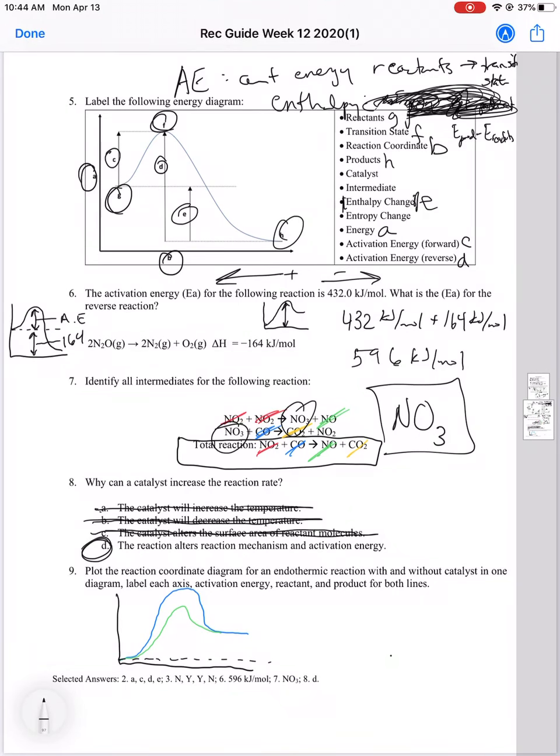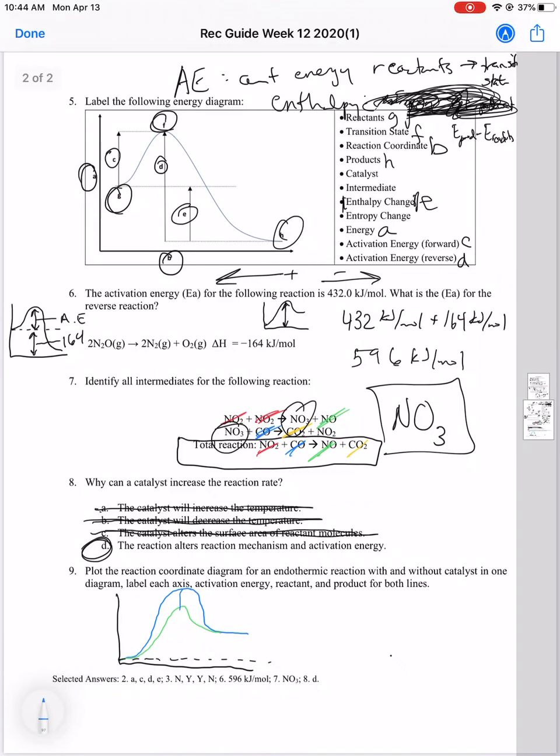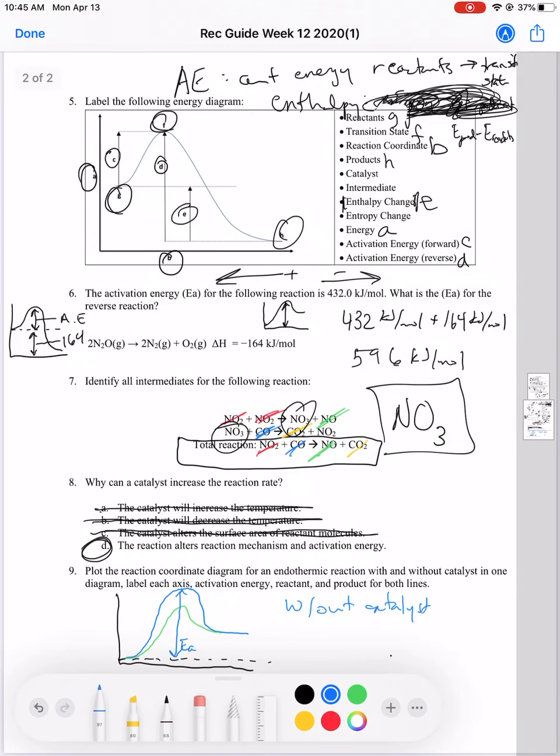Basically this line is our initial amount of energy for the reactants, and so the activation energy without a catalyst is going to be from the top of that transition state to the initial energy of the reactants.